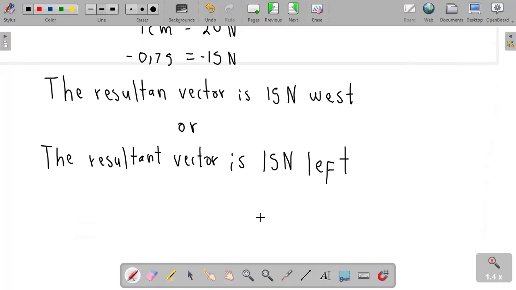That is how you get the resultant vector in this case.